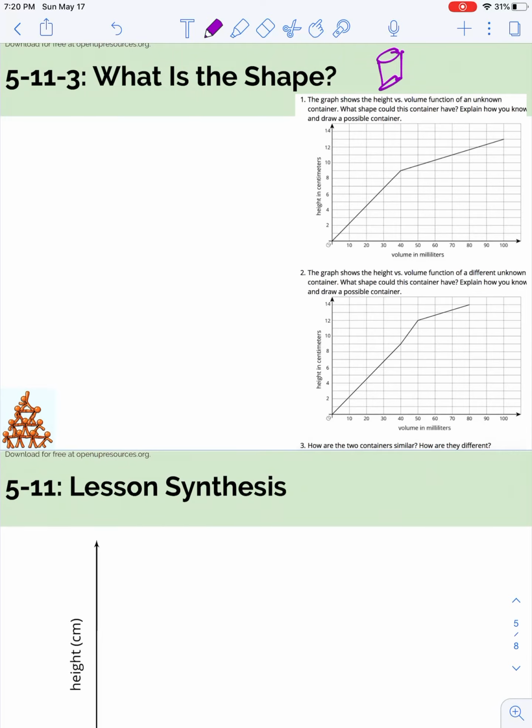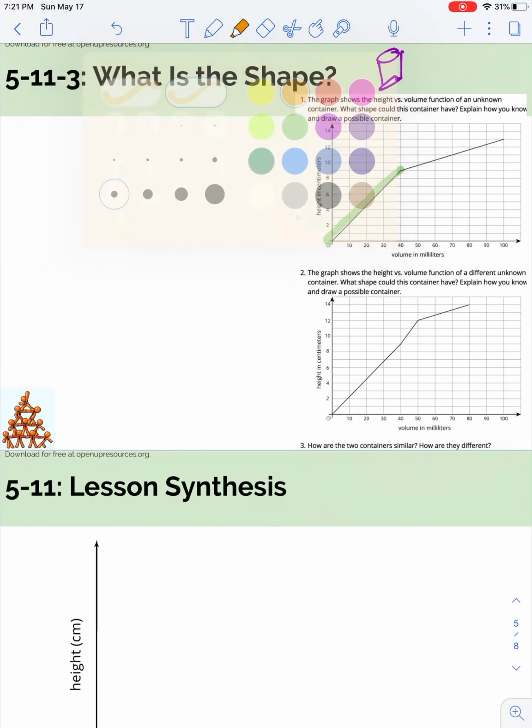So if you look at this first part and then you look at the second part, two things are happening. As you fill this container, the height of the water changes. The volume is 10, 20, 30, 40, whatever.